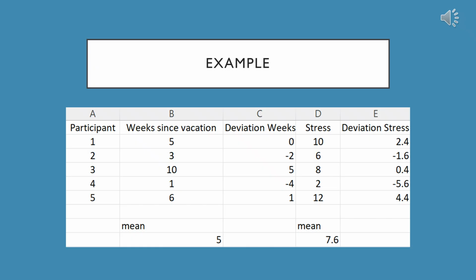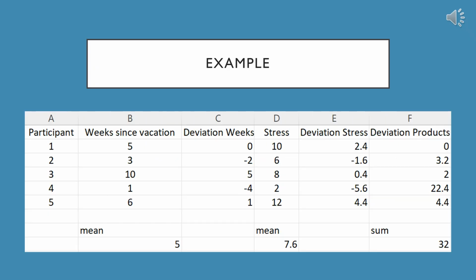And we've got our deviation scores, but now we need to get the products of each of those X and Y deviation scores for each participant. So a new column over here is the deviation products.